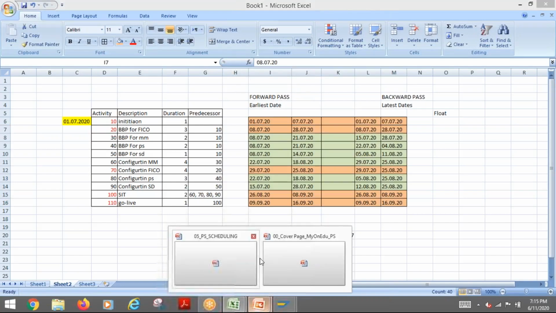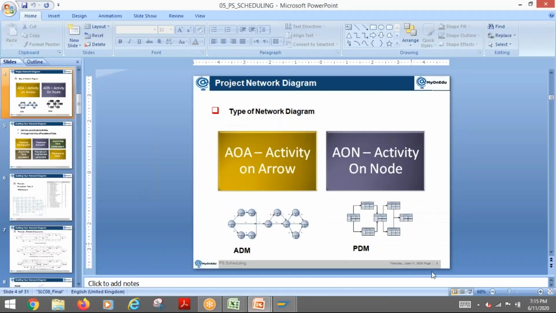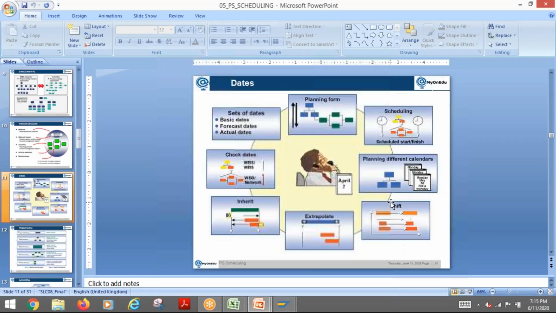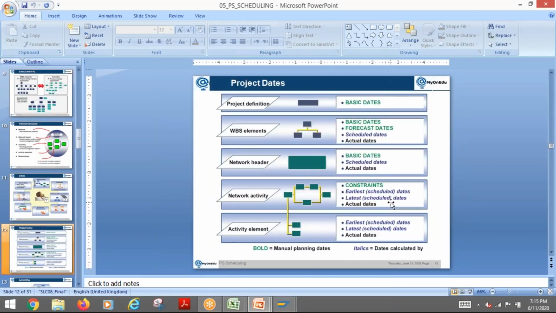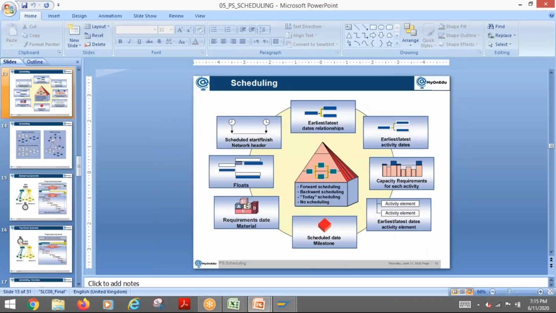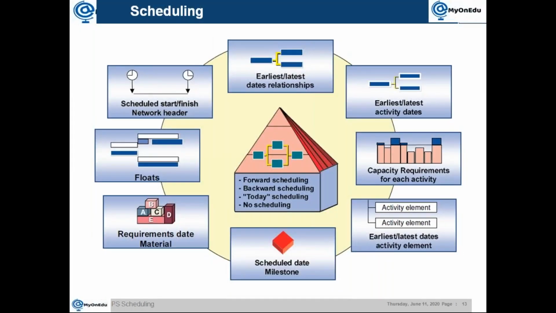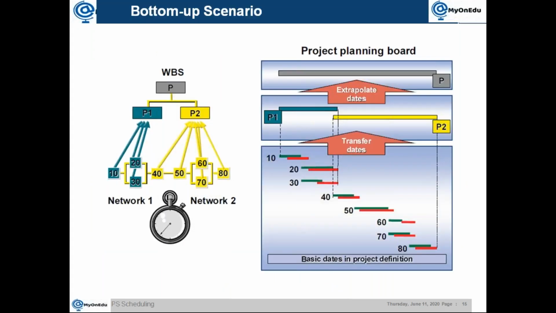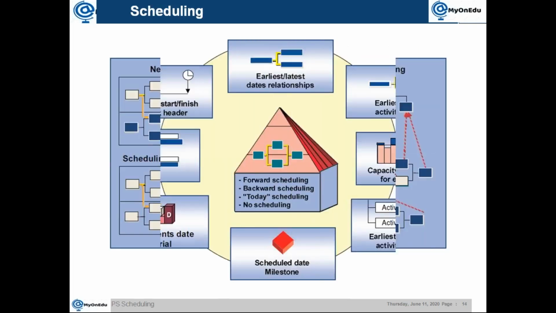Now let us go back to where we were talking about the dates and scheduling. Now we have different scheduling methods, network scheduling, WBS scheduling, and all those things, so there are different scenarios. One more thing I just want to tell you.